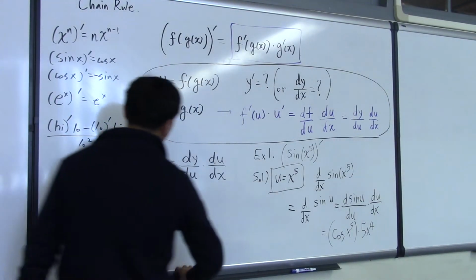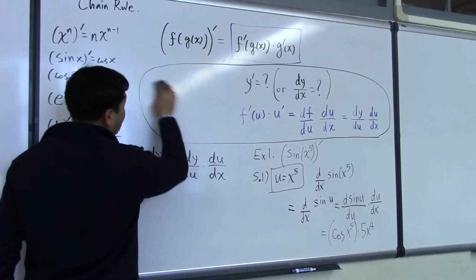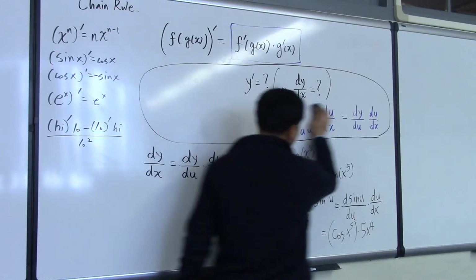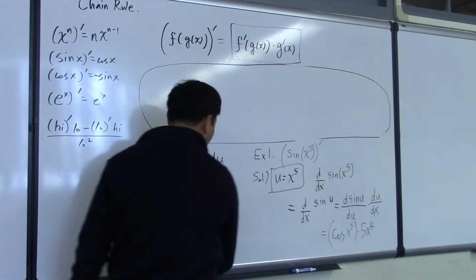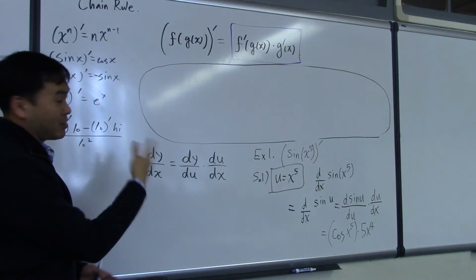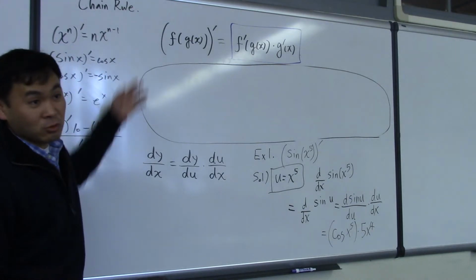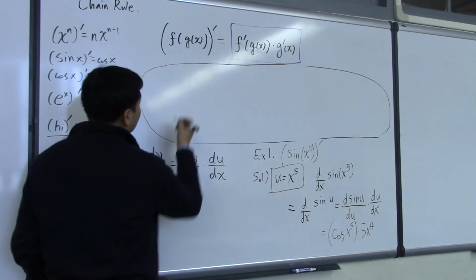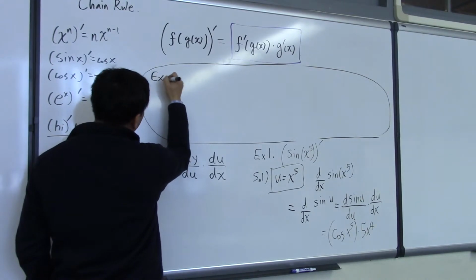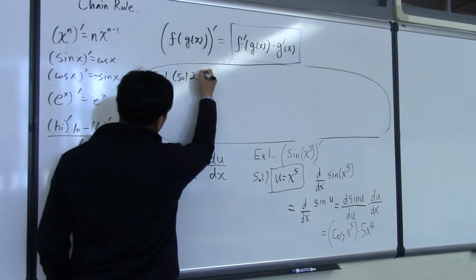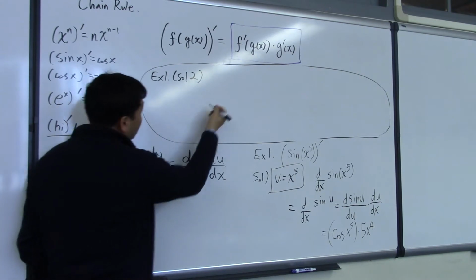Now let me try to solve the exact same thing using this formulation, so that when you see the two methods together, you can kind of see why these two different notations really mean the same thing. Okay? So under example 1, solution 2, we'll try to solve it again.